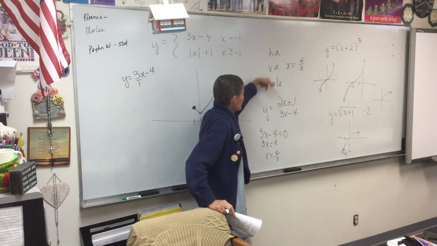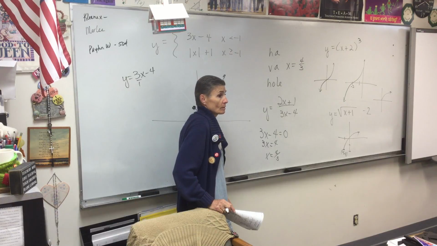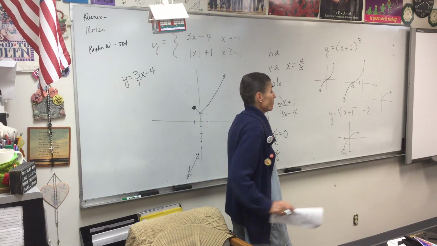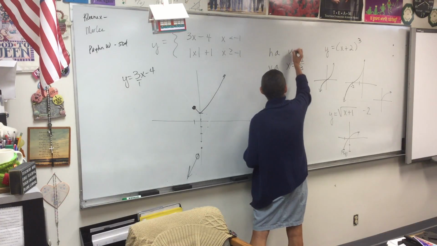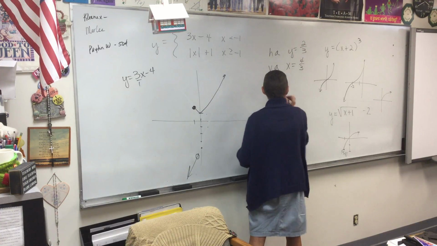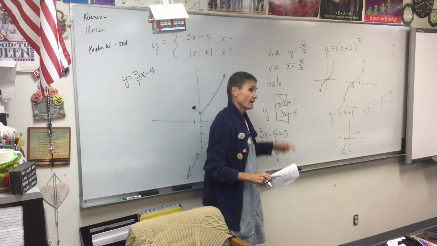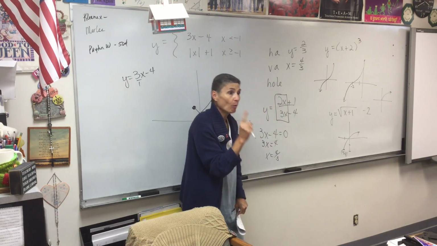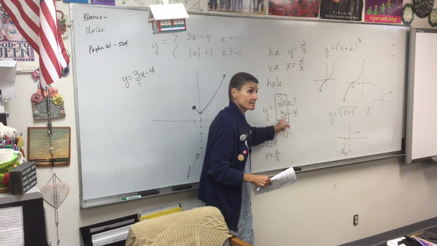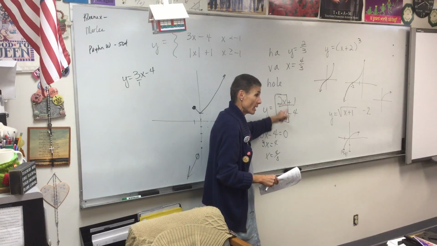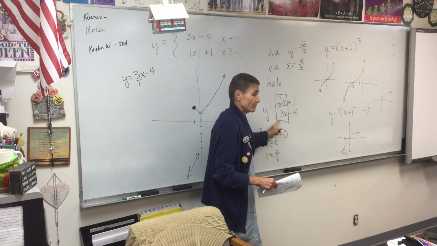All right, who can give me one of the other ones? My horizontal asymptote is that y equals 2/3. Remember, when you do horizontal asymptotes, if the powers match, x over x, not x squared or x cubed over x or something, then you just build the fraction.